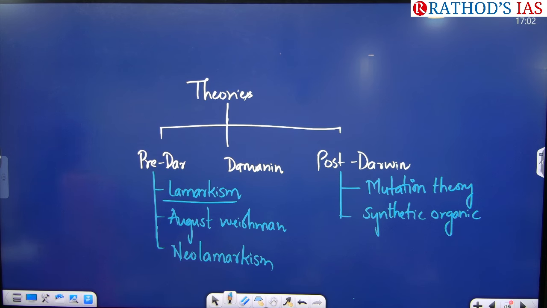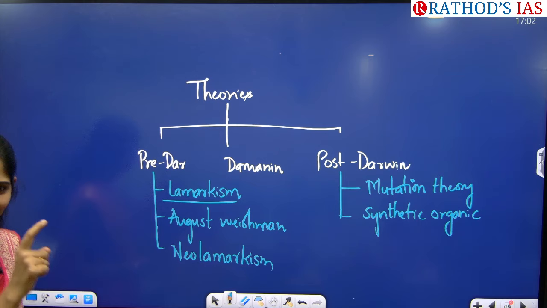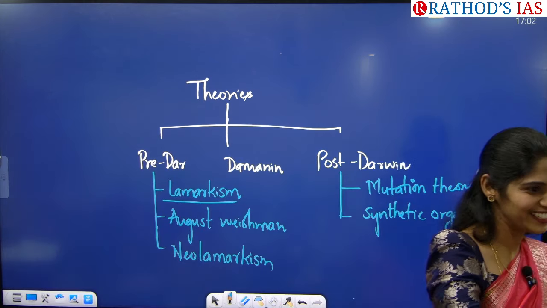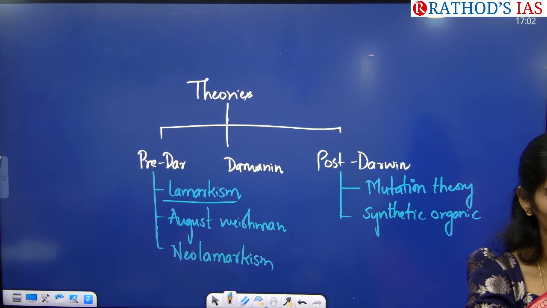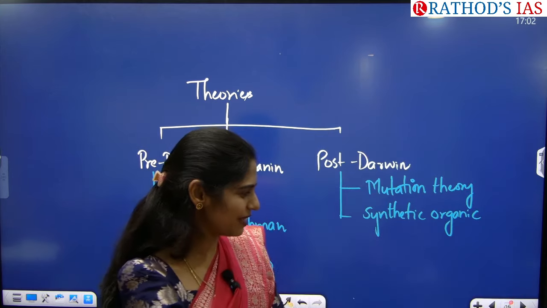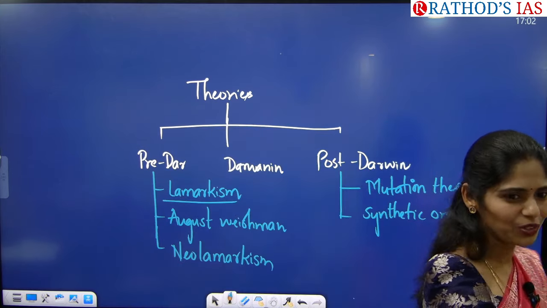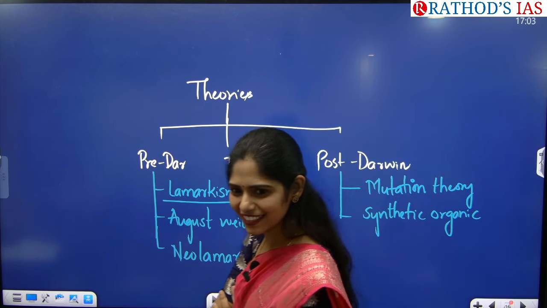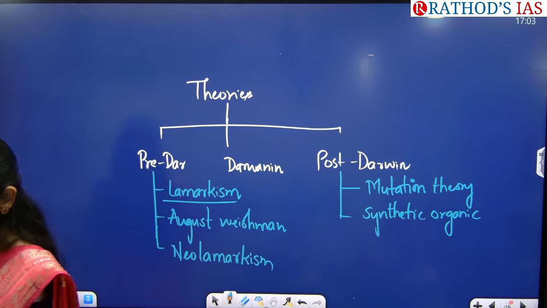One scientist cut the tails of mice. Every generation, would they develop that tail? Which theory is that? Not Lamarck. Online guys, can you tell me? August Weismann. Can you tell me that theory name? Germplasm theory. Can you recall?